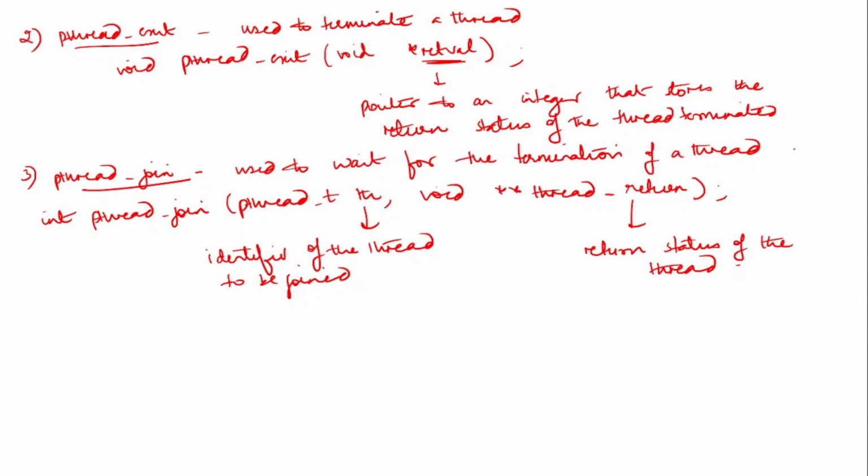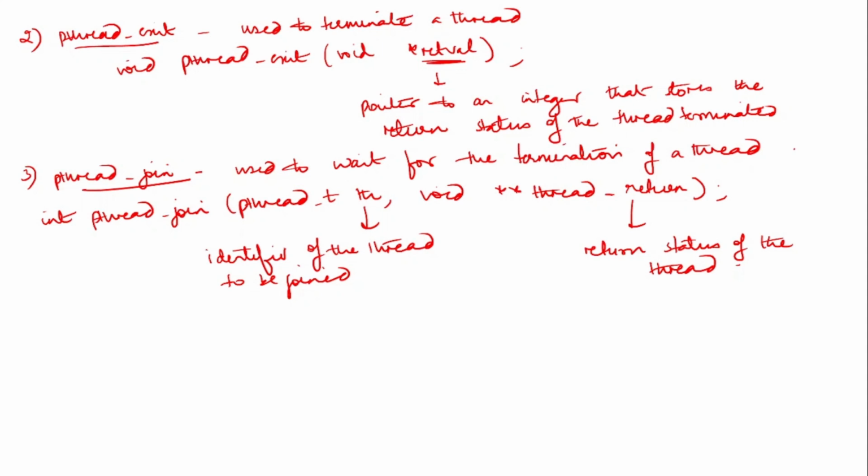But we don't want that, because ideally the newly created thread is inside the main thread. What we want is that the newly created thread should terminate first, and then the main thread should finish.